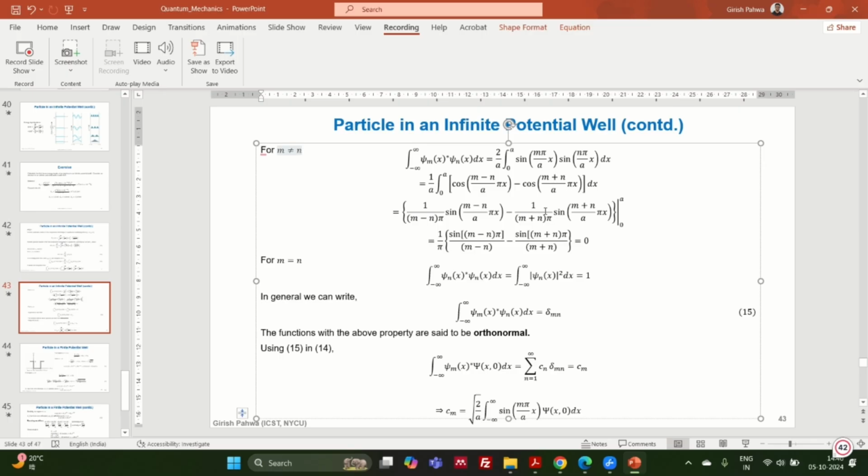So if you have cos of some ax, the integration is going to be what? Sine of that ax divided by a. So that's what it is. Integration of this is going to give you this. Integration of this is going to give you this.